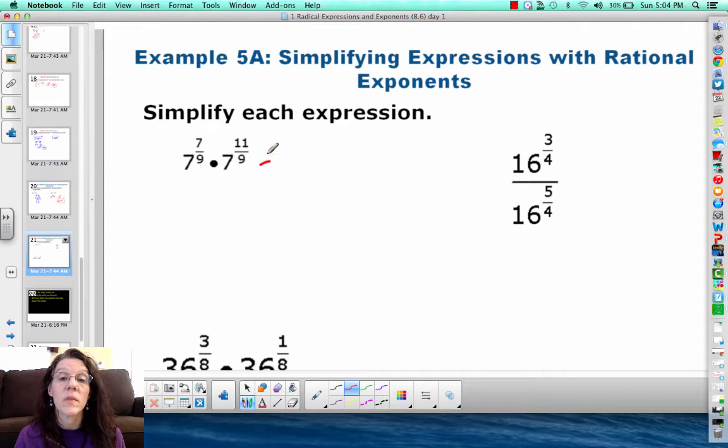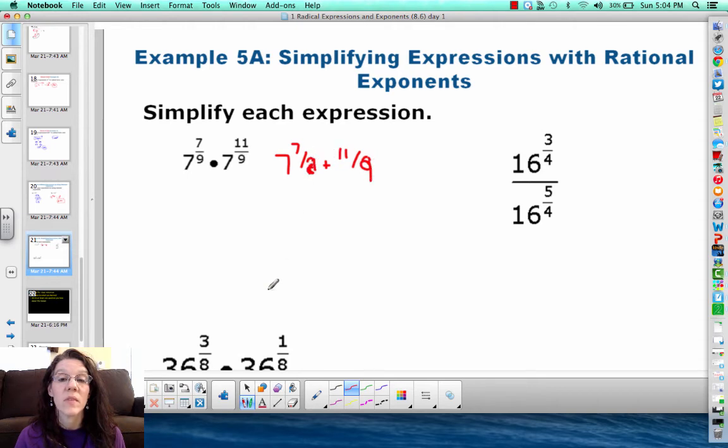All right, so this is 7 to the 7/9 plus 11/9. That's a 9, and that's supposed to be a 9.